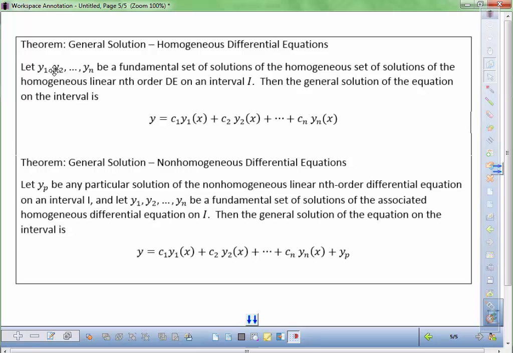And we would expect as many fundamental solutions as the order of the differential equation. So if we had a third order differential equation, we should expect 3 fundamental solutions. And to find a general solution, you just find a linear combination of those fundamental solutions.